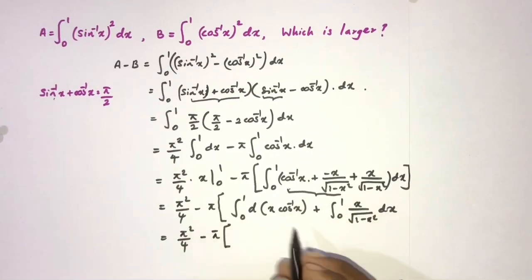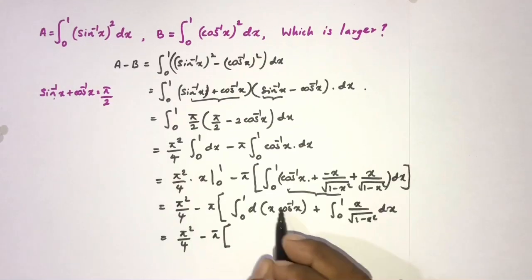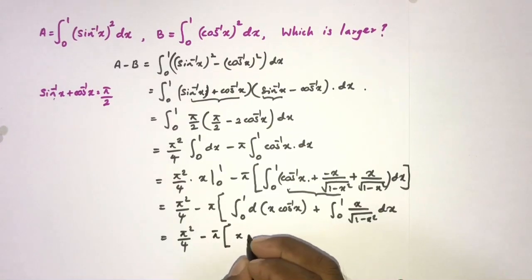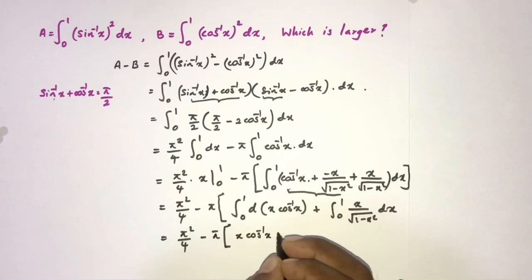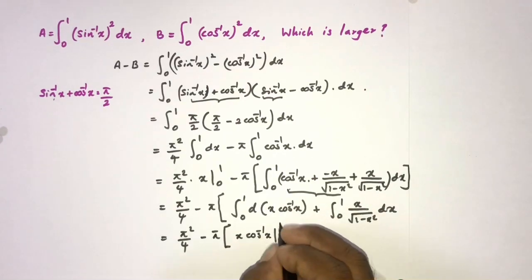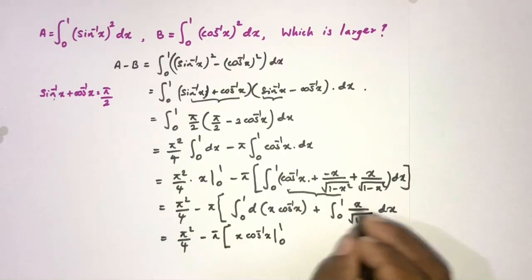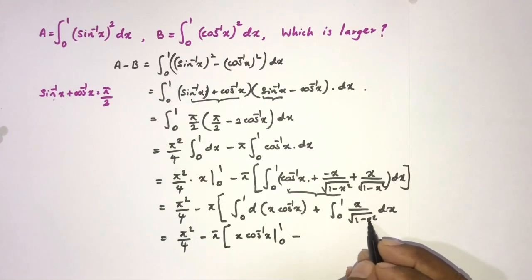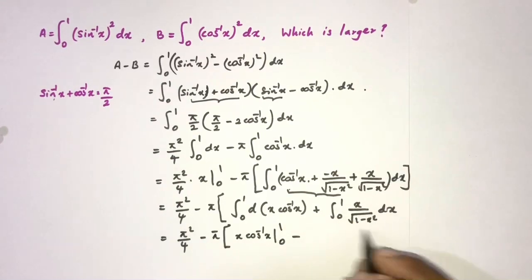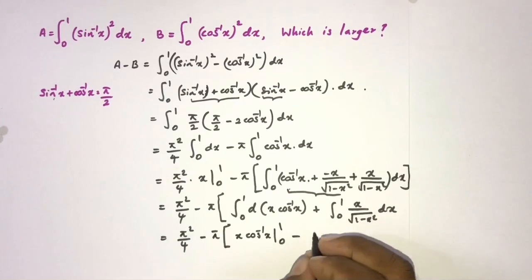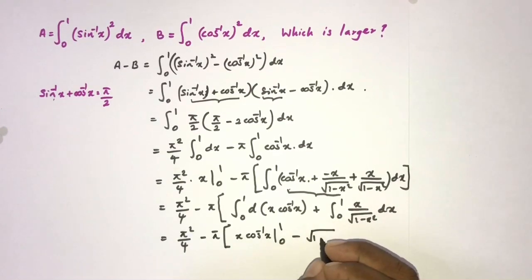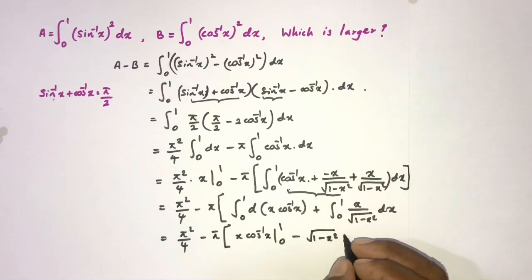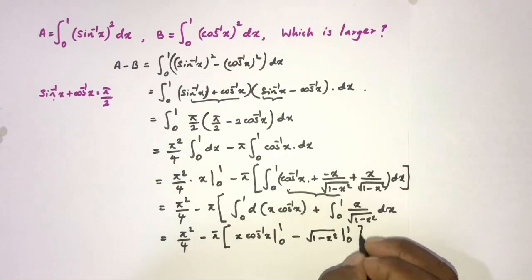Now we know the integral of a derivative, so we have x times inverse cosine of x from 0 to 1. Then this is equal to the derivative of 1 minus x squared, which is minus 2x, and here 2, so 1 over 2, the 2s get cancelled, so we have the square root of 1 minus x squared from 0 to 1.